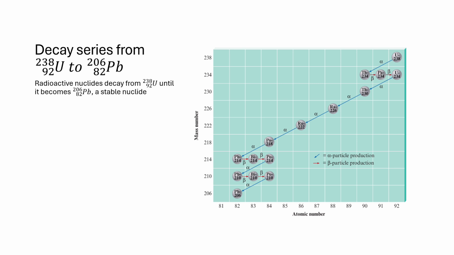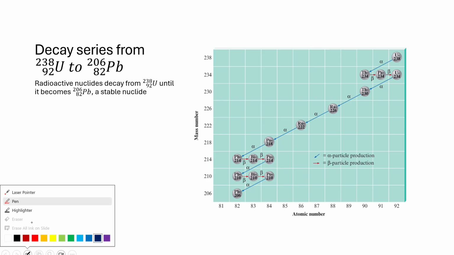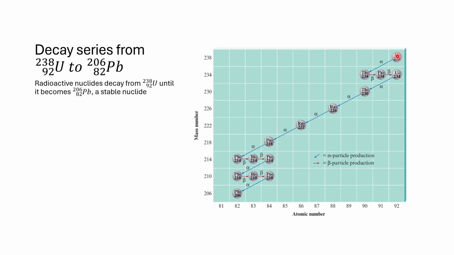So the radioactive nuclides decay from uranium 238, so it goes through alpha particle production, thorium 234 goes through beta particle production, and then alpha particle, then beta, alpha, beta, then alpha production until it becomes lead 206, which is a stable nuclide.